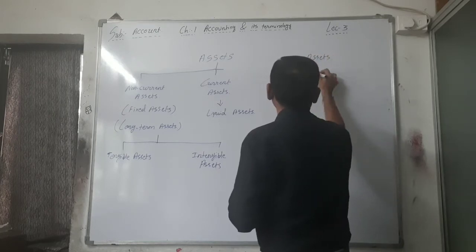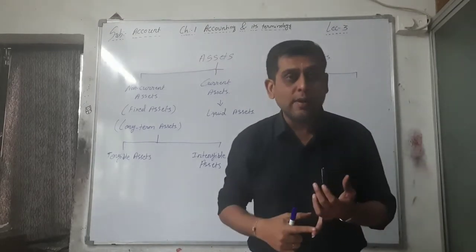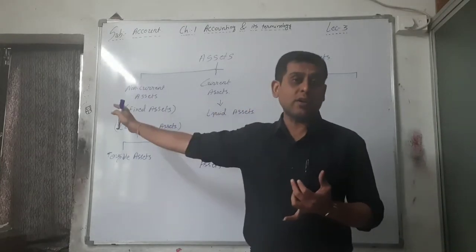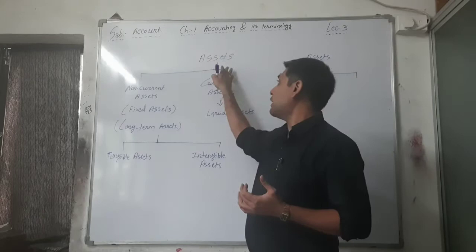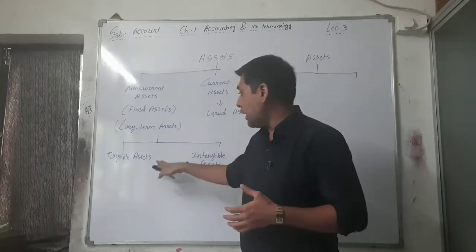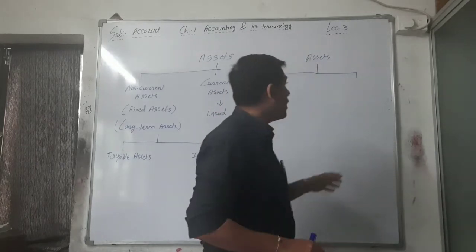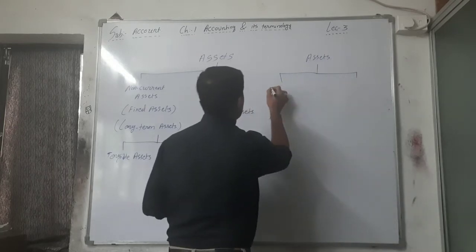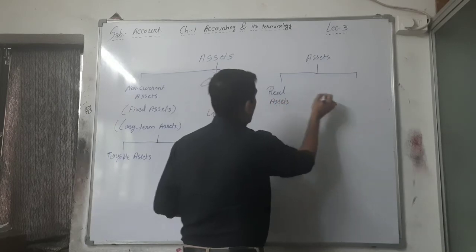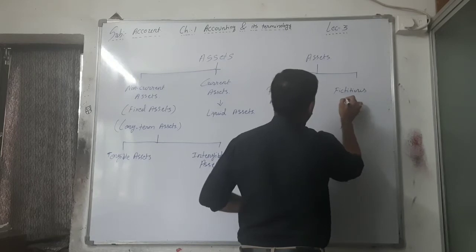Liability has two parts on the basis of relation, internal liability and external liability, and on the basis of time, current liability and non-current liability. Again, assets on the basis of time are current and non-current assets. The sub part of non-current is tangible and intangible, and the sub part of current is liquid assets. Now the two types of assets are real and fictitious assets.